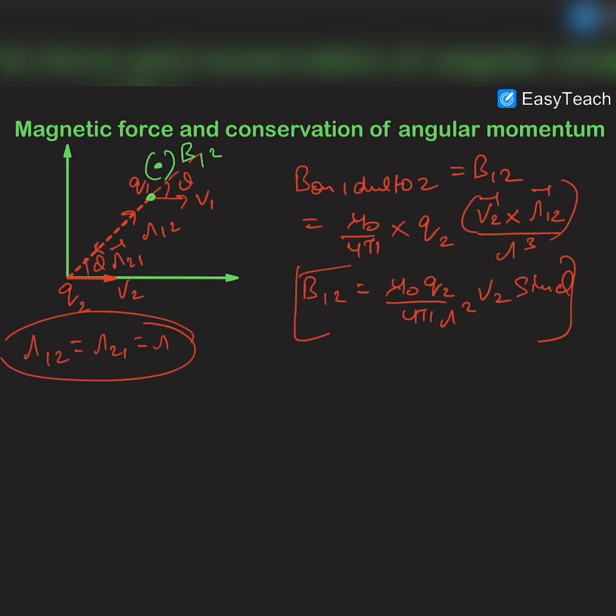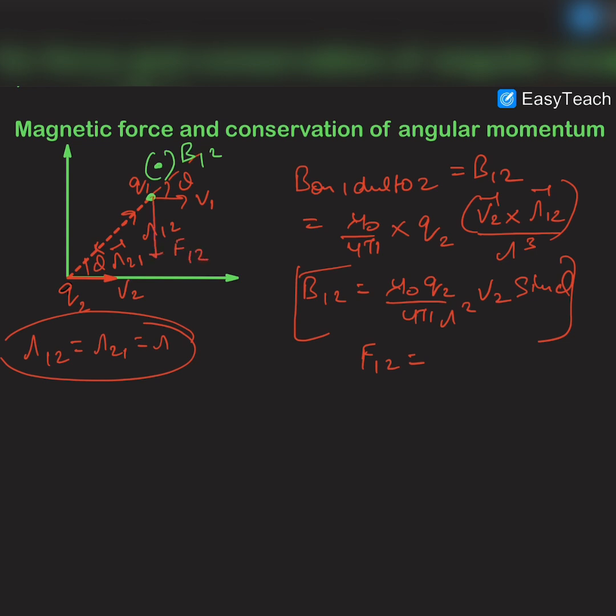You can use the right hand screw rule and find the direction of the magnetic field. Let us also find the force on 1 due to 2. So F12 will be equal to QV cross B. You can see that V is in this plane and B is outside the plane, so the angle would be 90 degrees, and the direction of force will be given by Fleming's left hand rule, and obviously the force will be acting in the downward direction, F12.